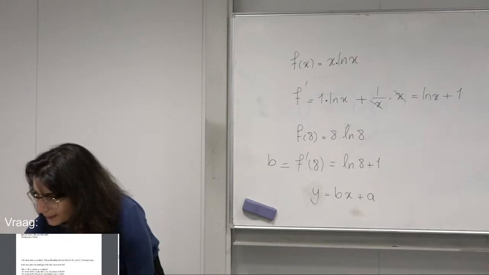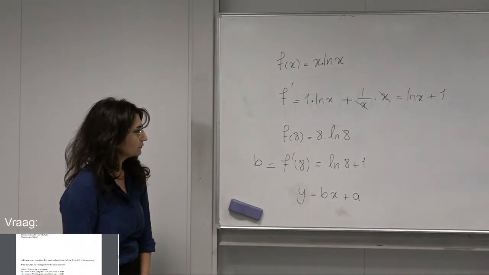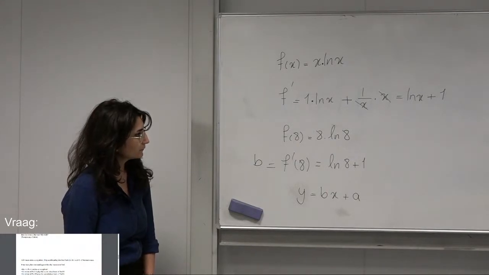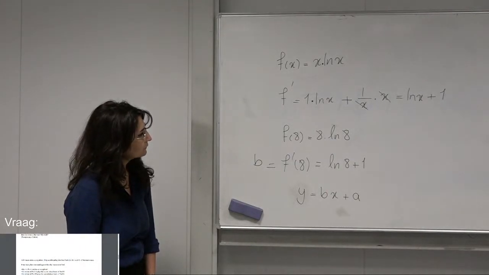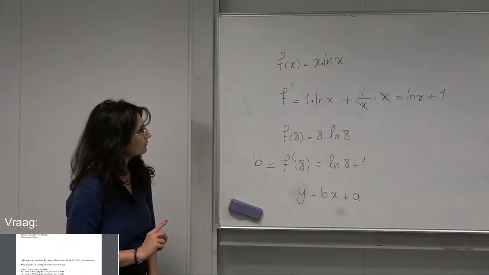Thunderbird says it's -8. Which one? So he says B is -8, or? Oh, Davio says it's -8.